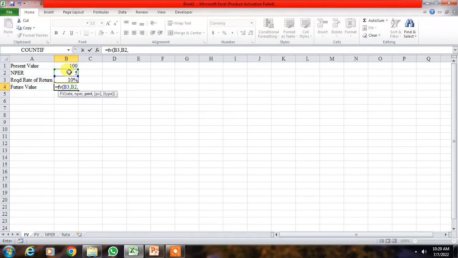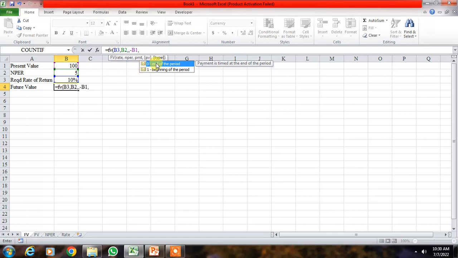So in this case we don't have the payment issue, and it is not an NPV case, so we are ignoring it. But for ignoring, you again click comma. Now it is asking for a present value in a bracket, so we will put a minus sign and then select the present value. Now after comma it is asking for a type.